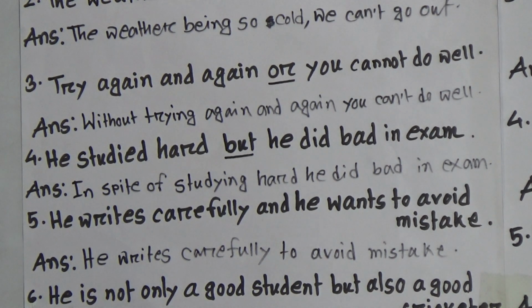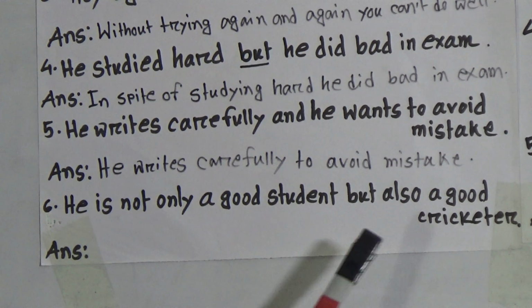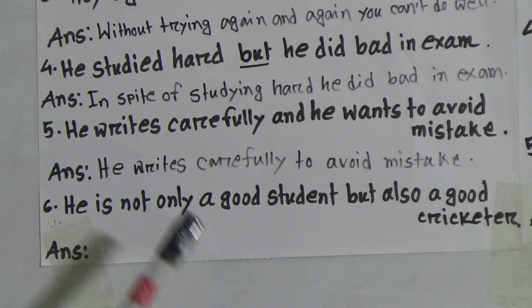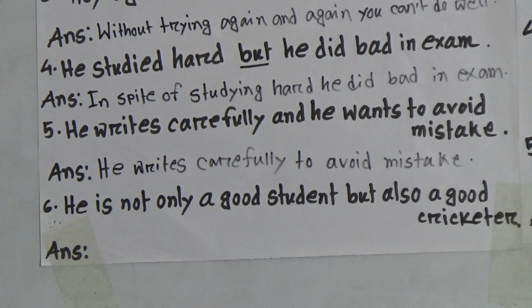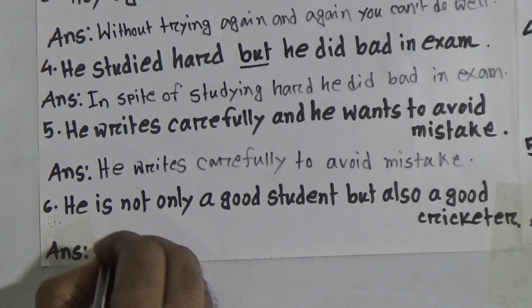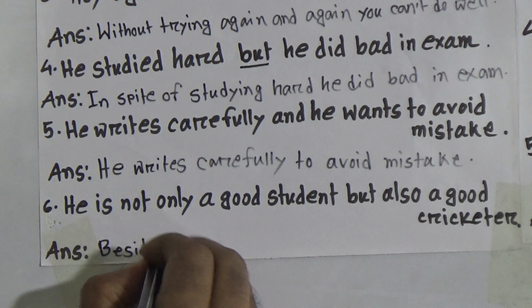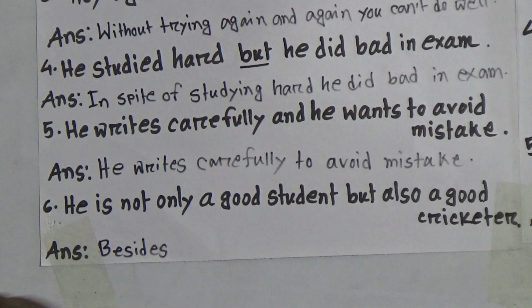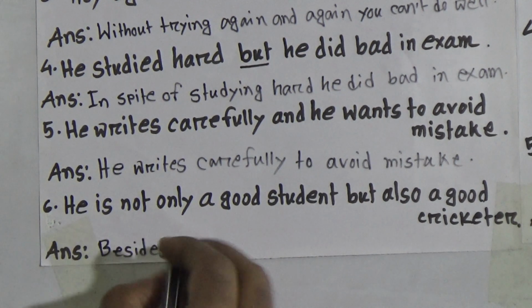Last example: He is not only a good student but also a good cricketer. Not only but also. In this connection of compound sentence, whenever we transform it into a simple sentence, we will take the help of besides. Follow me. Besides, then in the place of the be verb we will write being.